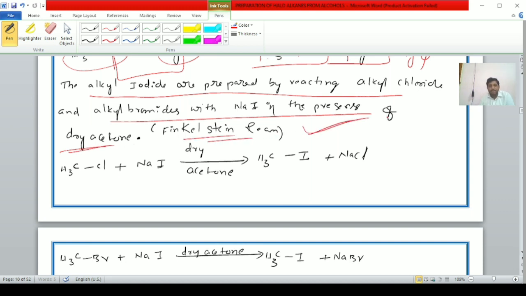Generally, student, alkyl iodides are also impossible to prepare directly because hydrogen iodide is a strong reducing agent and easily oxidizes to the iodine molecule.